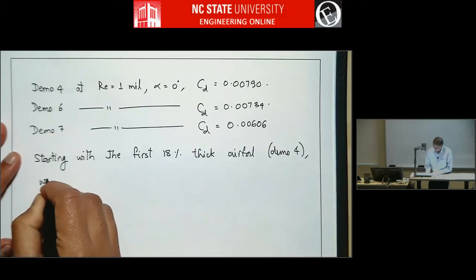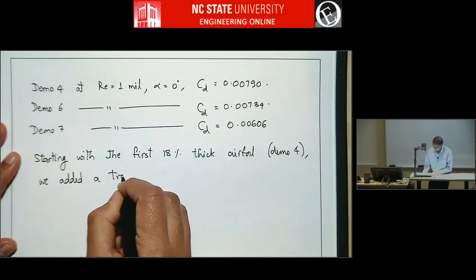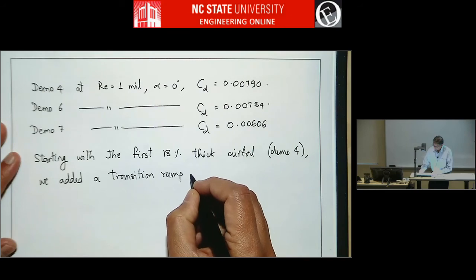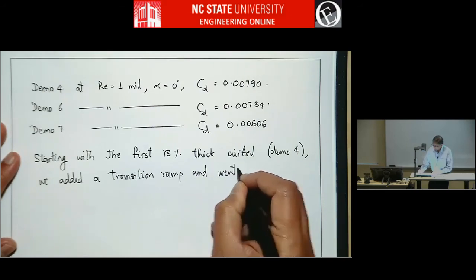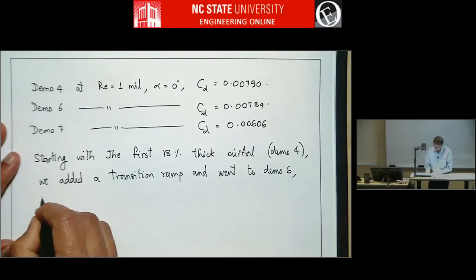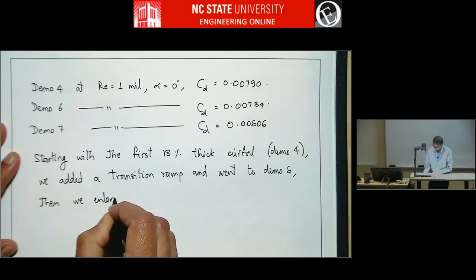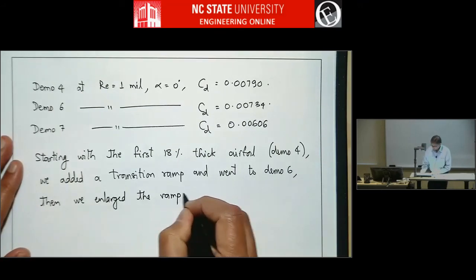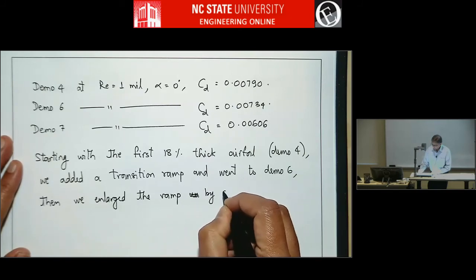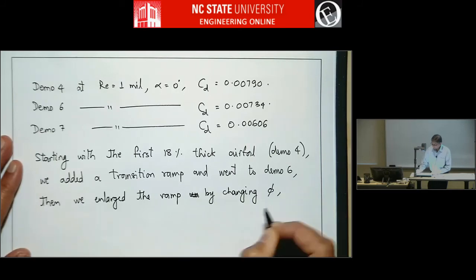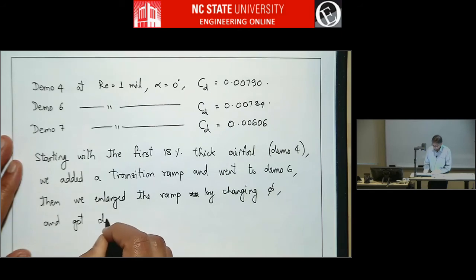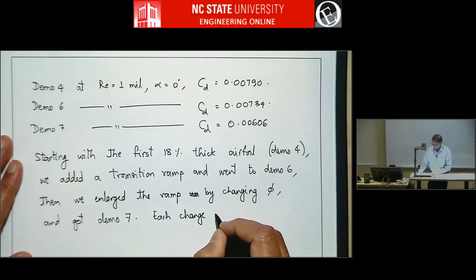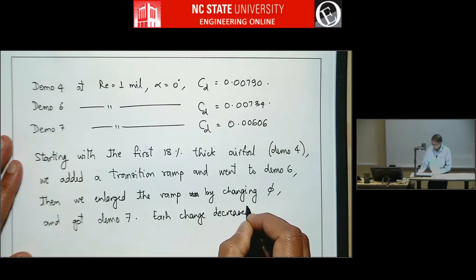We added a transition ramp, and then we enlarged the ramp by changing phi and got demo 7. Each change decreased the CD.